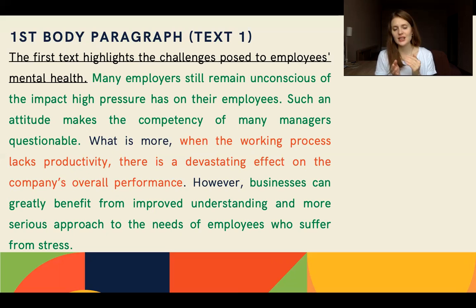And you see that the order is not something strict here. So you can start with key point 2 and then talk about key point 1, or you can mix them, as you see in this piece of writing, and it's okay. The main thing is that you have to address both points and try to paraphrase them using as many synonyms and synonymic phrases as you can come up with. So this is it.